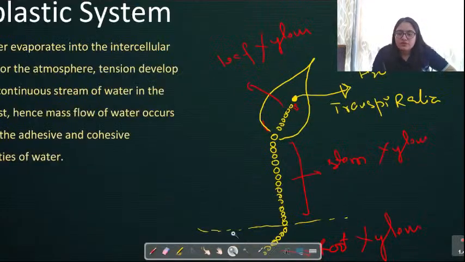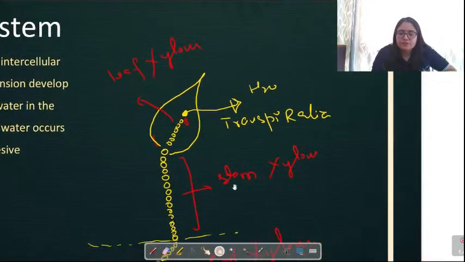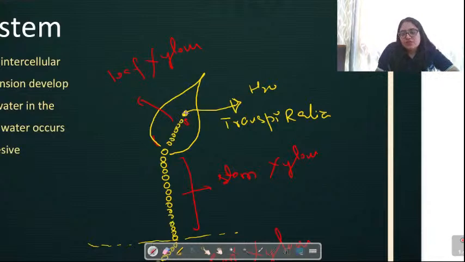Let me zoom out in case you are unable to see this portion. So see here, kids. If this particular water molecule skips out, this water molecule which is present just below it will take its place. Similarly, if this will evaporate, it will take this place.